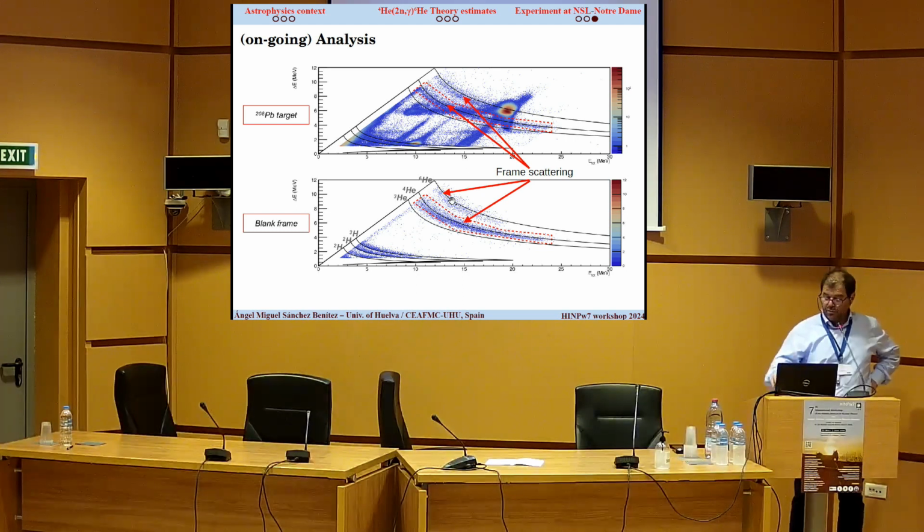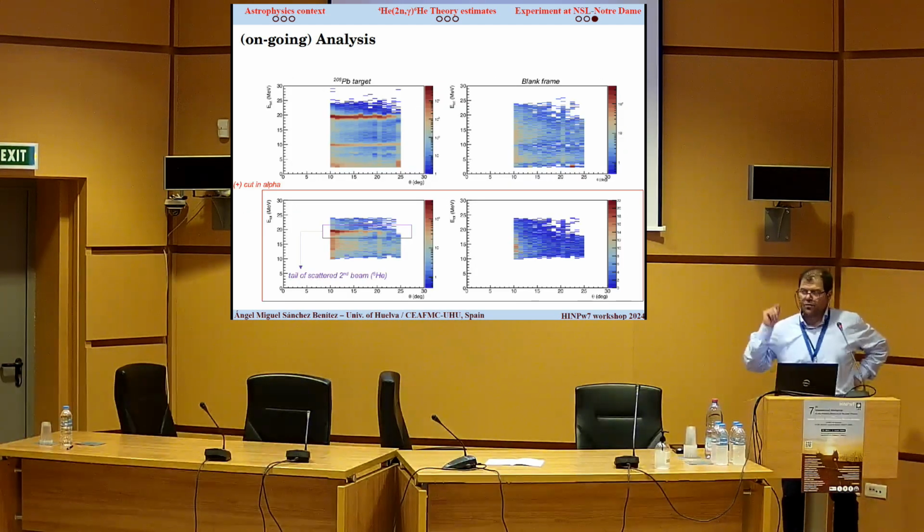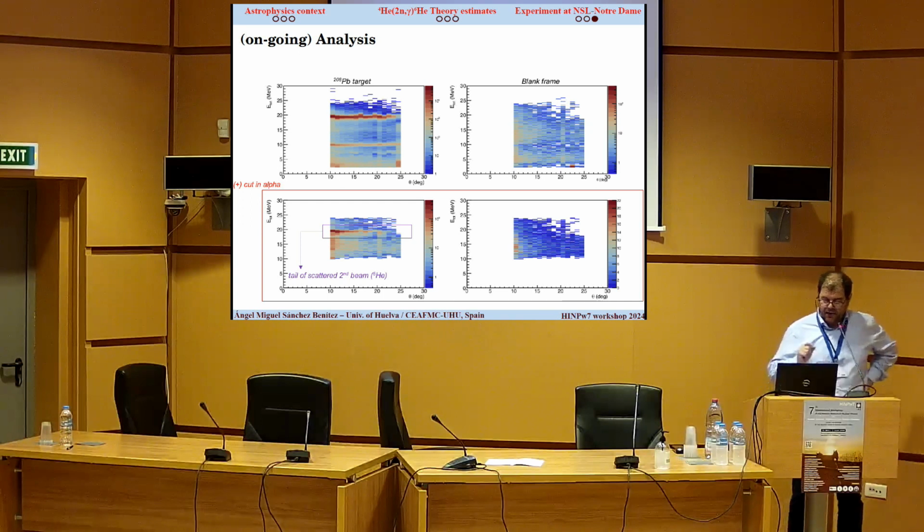So this we must subtract if we want to pick up the alphas coming from the Coulomb breakup. These are measurements with the lead target or blank target, right? Because we always use the blank, the empty target, so that we can subtract the contribution of the frame.